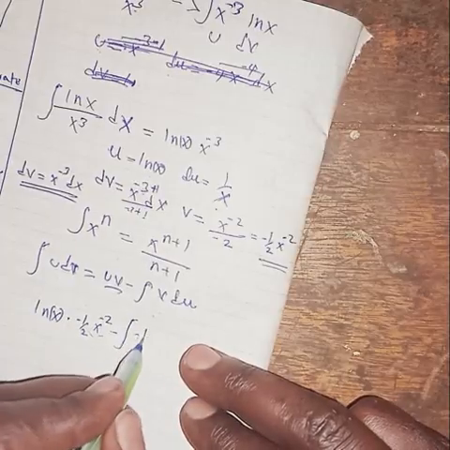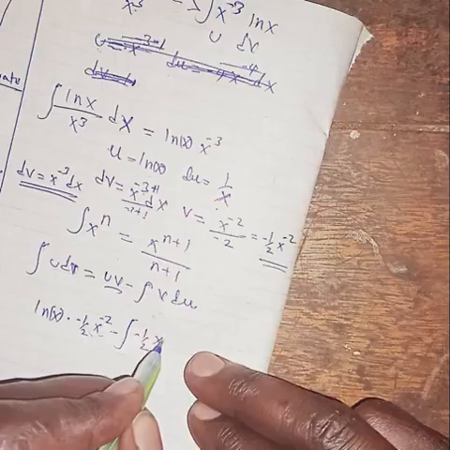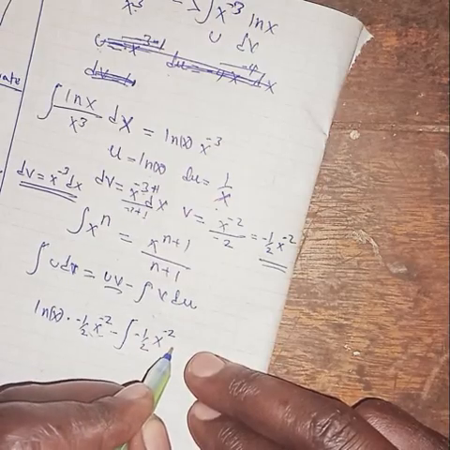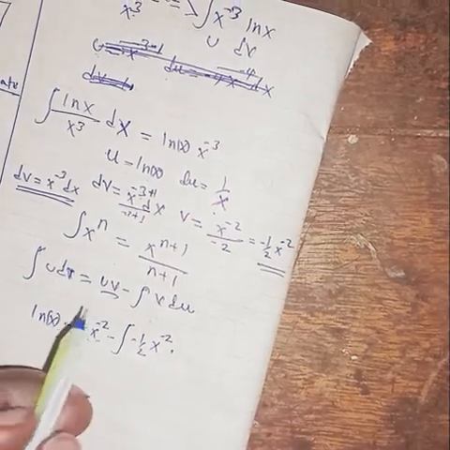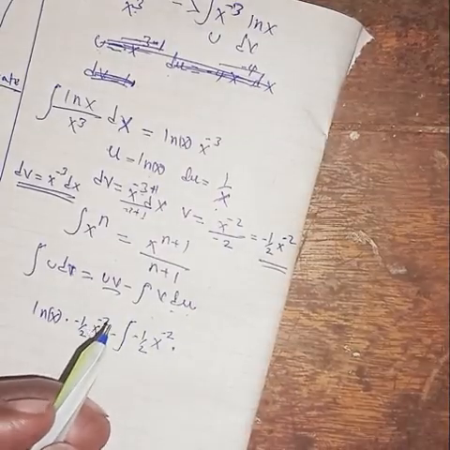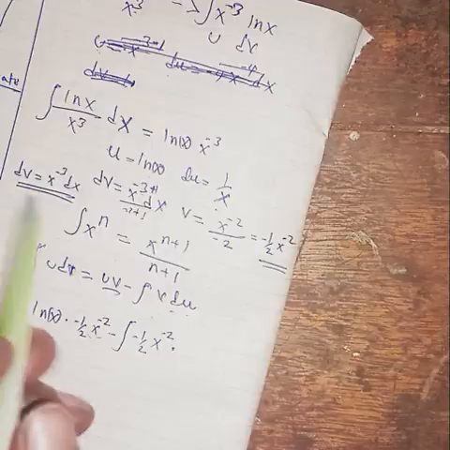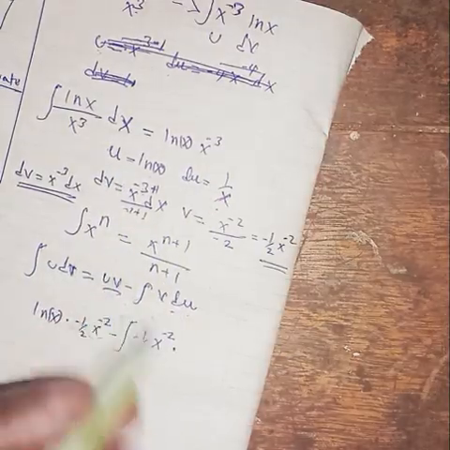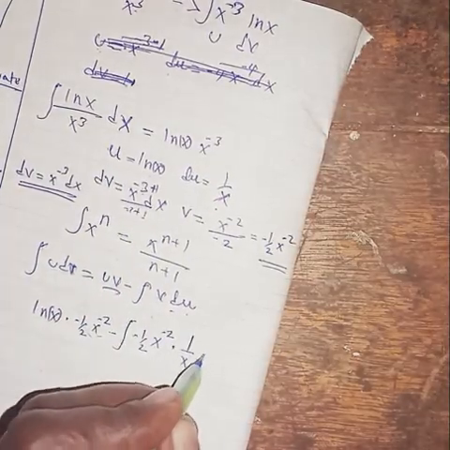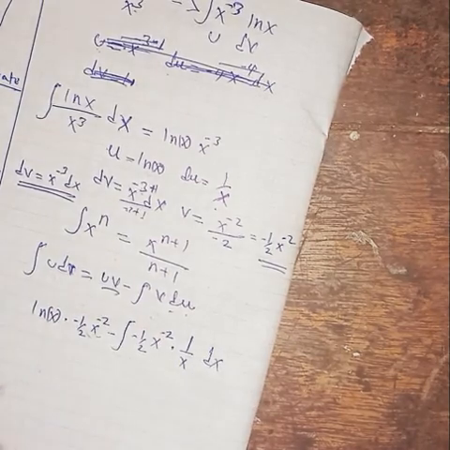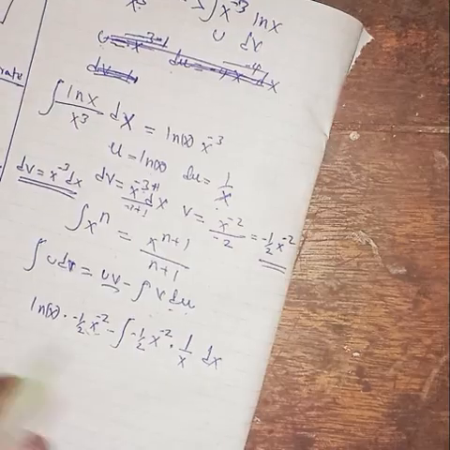V is negative half x negative 2, times du. We have du to be 1 over x dx.